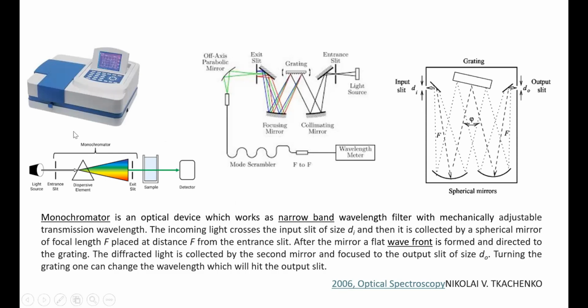Here is the monitor, and here are some buttons used to command the instrument to select the light source, whether to go for white light or tungsten light, or UV light, and whether to go for absorbance measurement, transmittance measurement, or concentration measurement, etc.